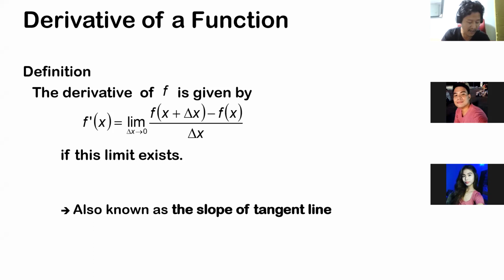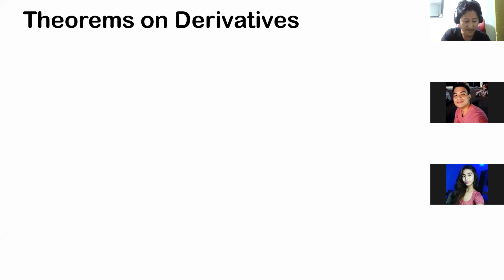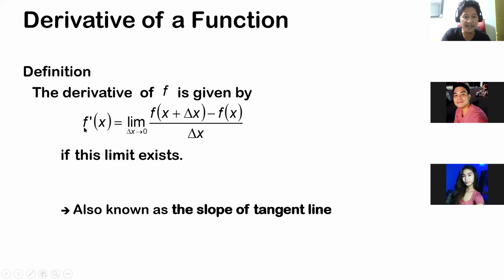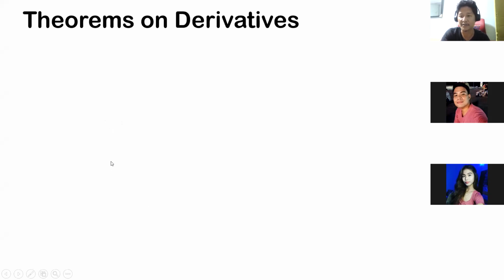So basically, when we get the slope of the tangent line, we are just getting the derivative of the function. We will not be using this definition in solving for the derivative because it will be very lengthy. So instead, we will be using the following theorems.